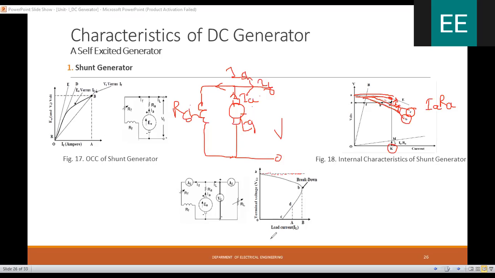Okay, now when the load on the generator increases, ज्यावेळेस generator चा load increase होईल, when the load increases, the load current increases automatically. The load increase झाला की load current increase होईल. So when the load on the machine increases, that means load current increases.